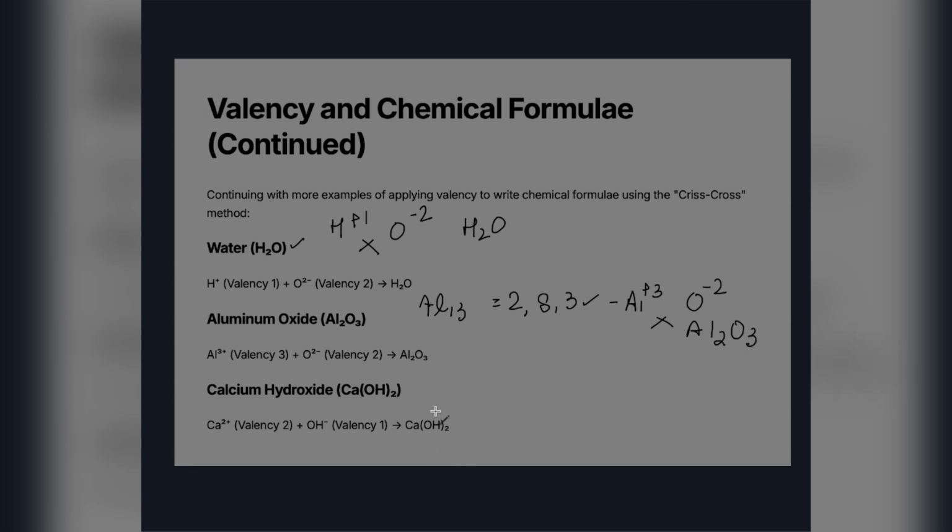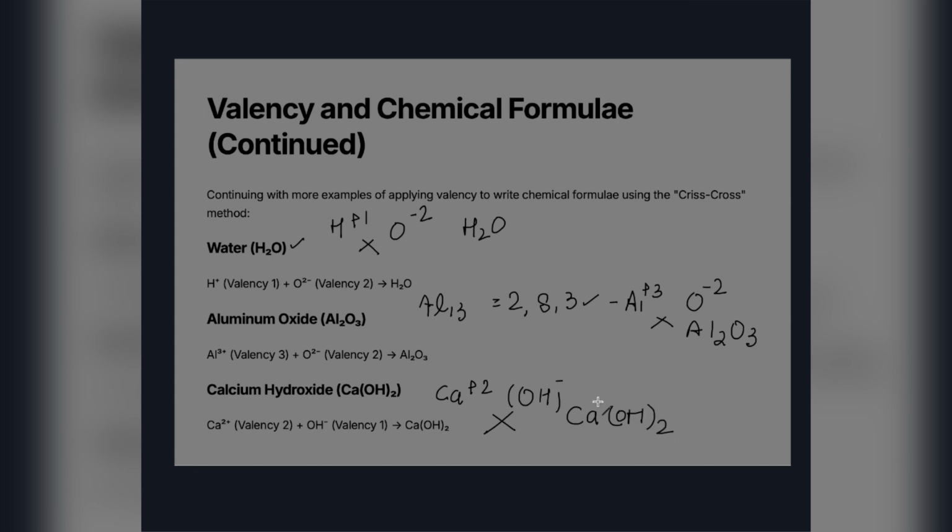Now in the case of calcium hydroxide, calcium has +2 valency and hydroxide is an ion. It is not an element, it's a group of atoms, so we need to put brackets here. And now crisscross the valencies and the formula that we will get is Ca(OH) whole twice.